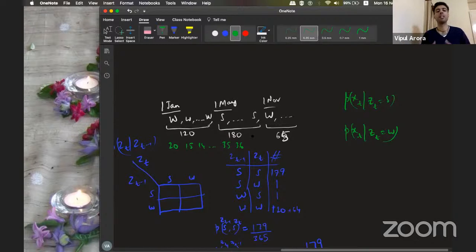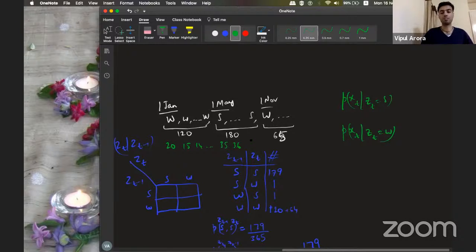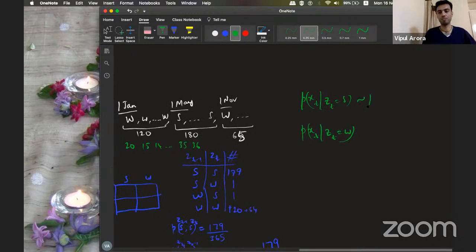I think you have all done ML estimation. How do you estimate the mean and the standard deviation of the Gaussian PDF from the data? So this will be simply equal to normal XT given mu, where mu is the mean of all these 180 values, right? 35 plus 36 plus so on, divided by 180, right?